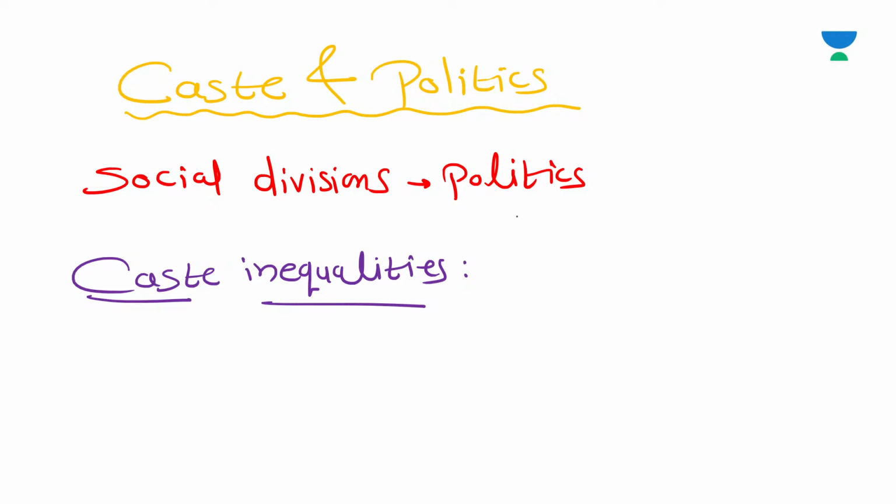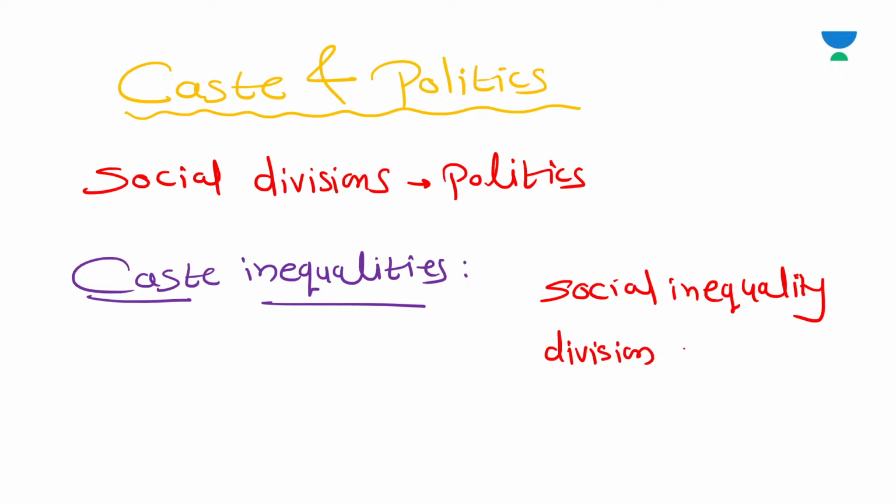So in most societies, occupations are passed on from one generation to another. The caste system is an extreme form of this.